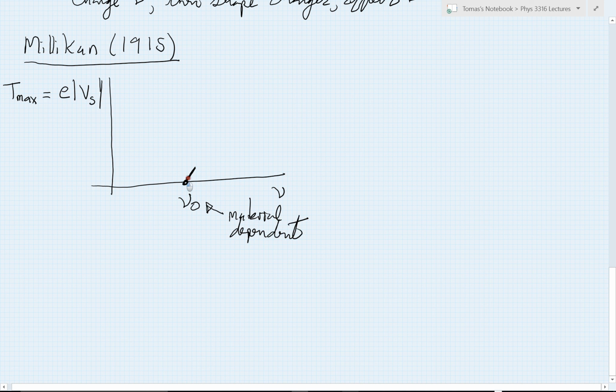It's a beautiful, perfect straight line that has a given slope. And this slope is a constant slope, because it's a straight line. But not only is it constant slope, it's a constant slope with a universal value. What that means is it doesn't matter what material at all that we are using.